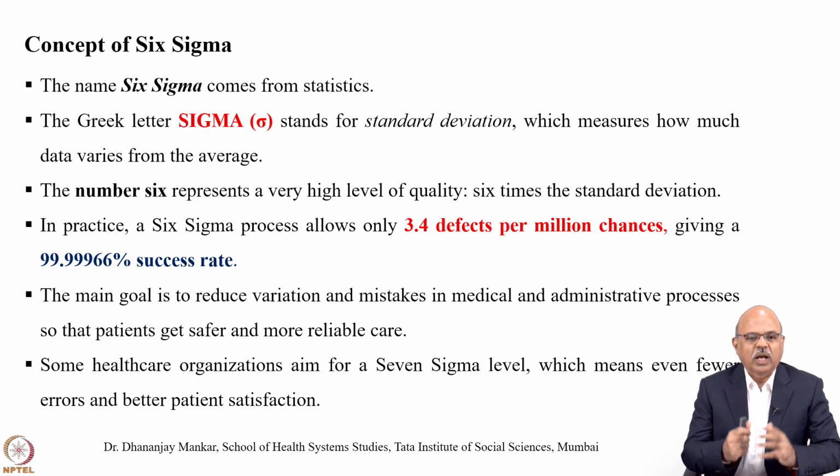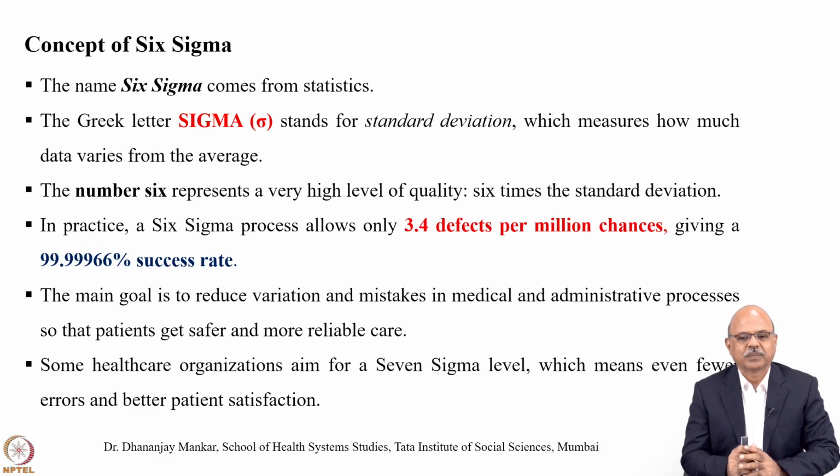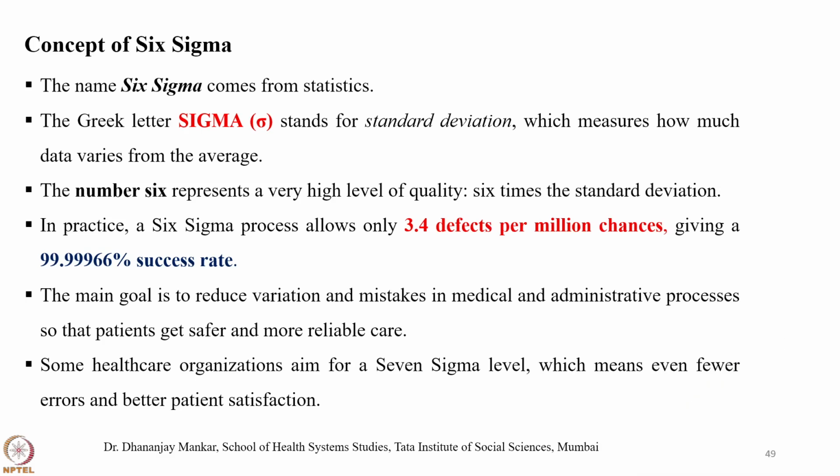In practice, a Six Sigma process allows 3.4 defects per million chances, giving a 99.99966% success rate. The main goal is to reduce variation and mistakes in medical and administrative processes so that the patient gets safer and more reliable care. It is more towards the patient, the approach of Six Sigma.